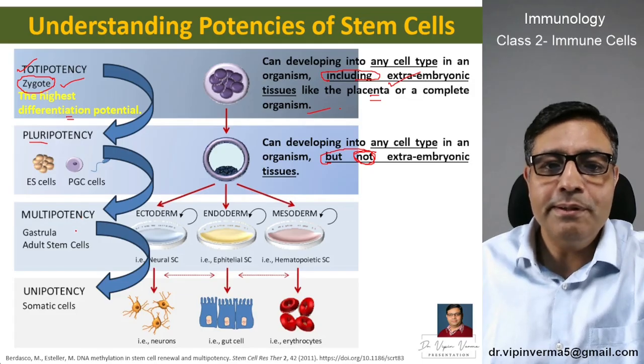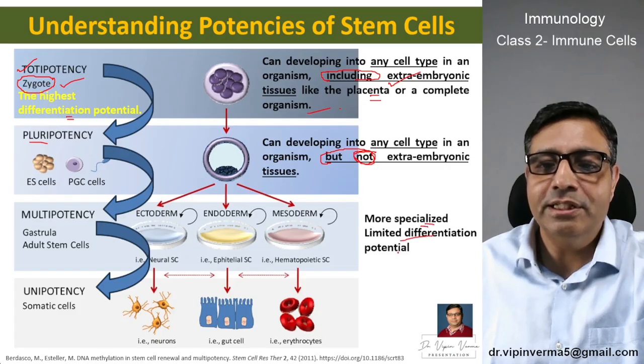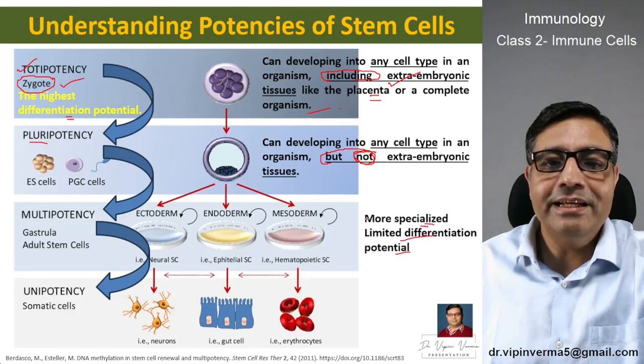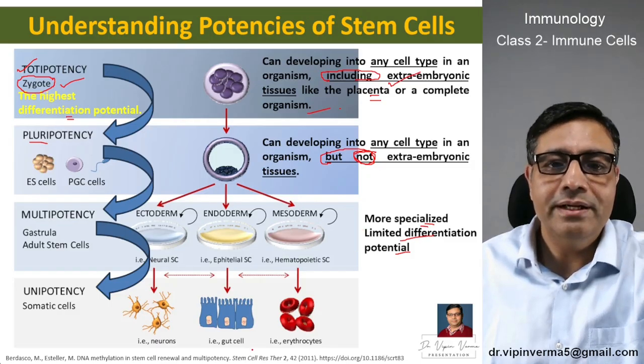Then comes multipotency, and these are more specialized cells which show limited differentiation potential, and they can give rise to the cells of a very narrow lineage. Okay, so if you see here, this is the zygote which can give rise to embryonic cells, and the earlier embryonic cells are the pluripotent cells like embryonic stem cells.